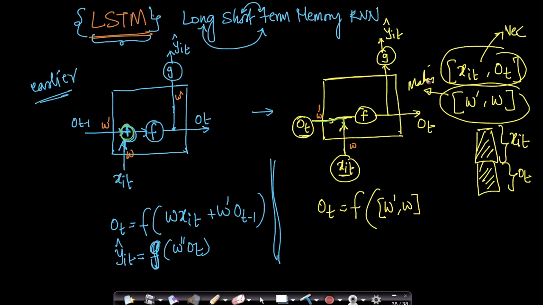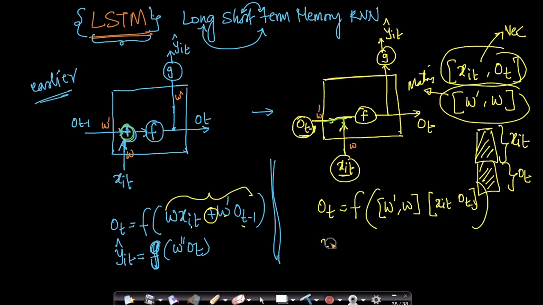This is a new matrix of weights, and I'll multiply it with my X_it and O_t-1. Instead of the sum operation, I'm concatenating my W and W', and I'm concatenating my X_it and O_t-1. This is supposed to be O_t-1. So this gives me my O_t.